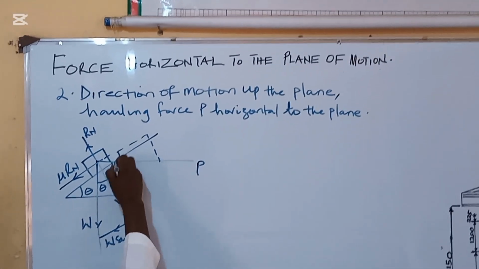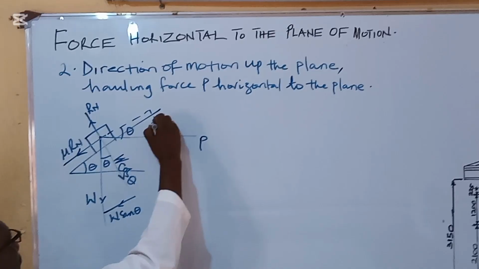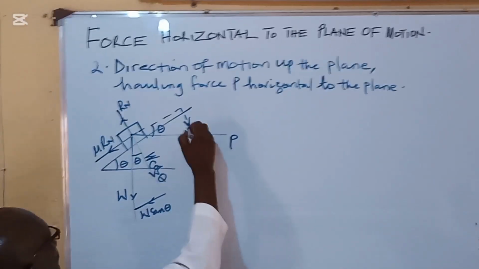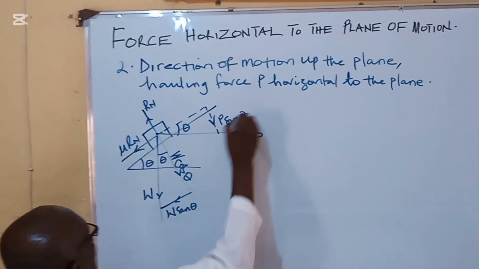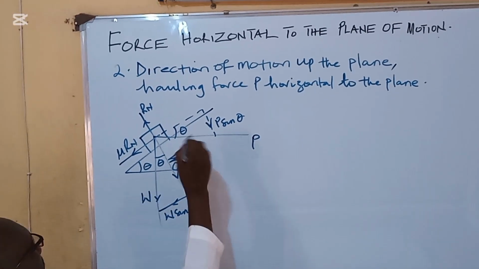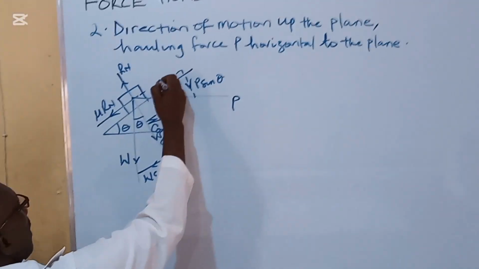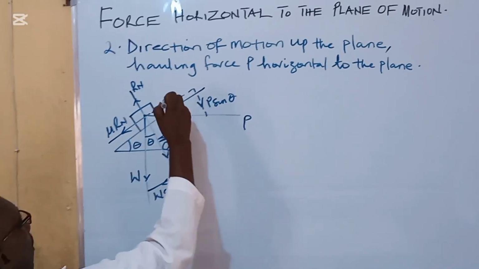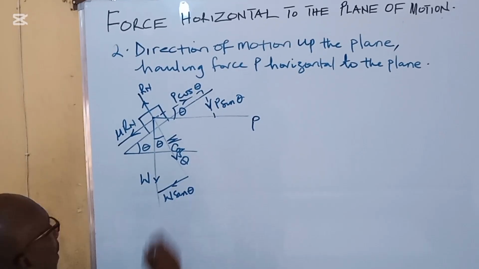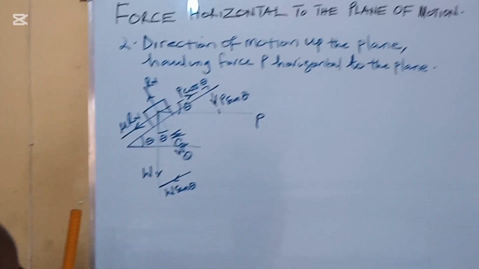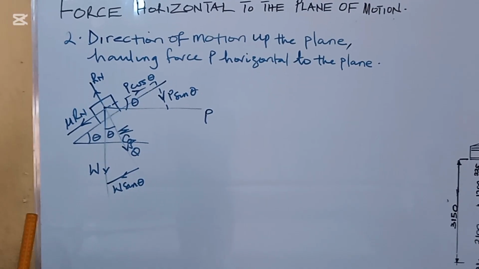Okay, again, the angle here is theta. All right, I will have the vertical component downwards as what? P sine theta, and the horizontal component of P acting upwards will be P cos theta. By far, these are the forces acting on this body.